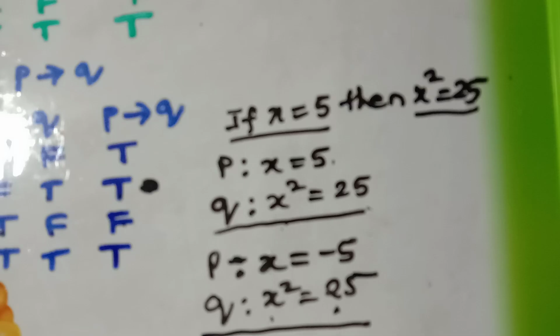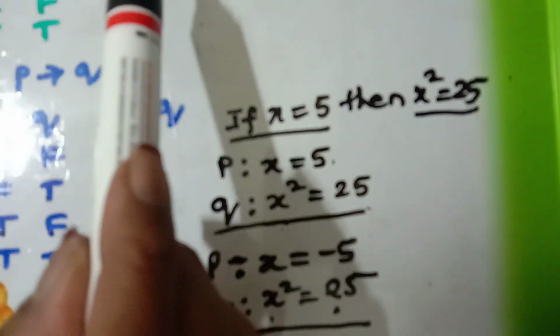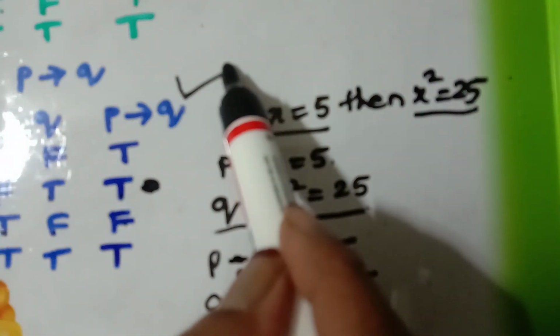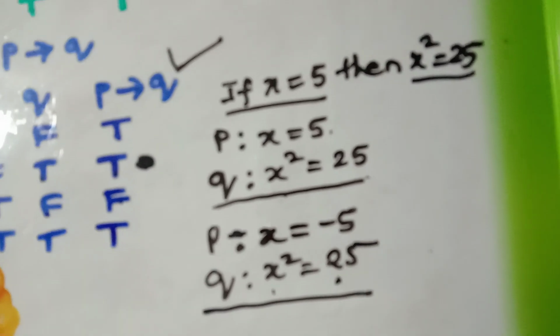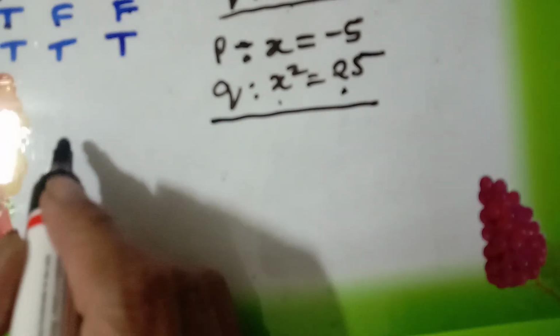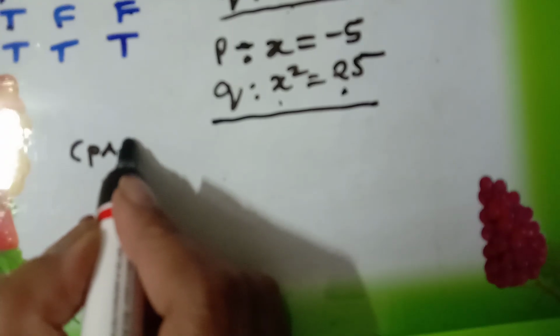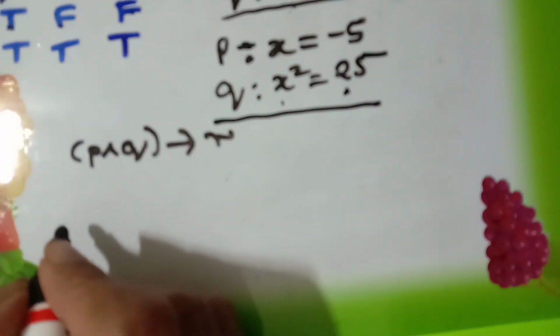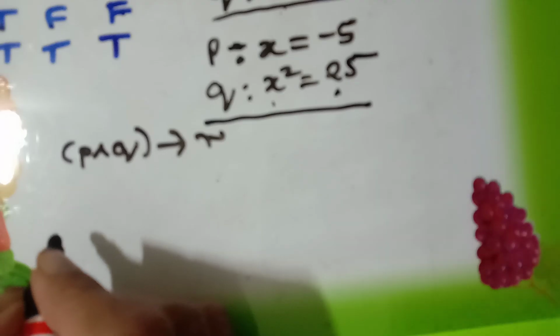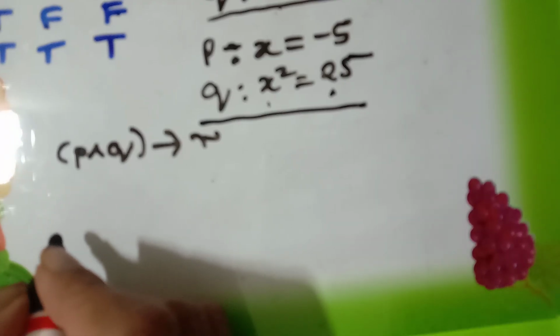So P and Q implies R. So I hope you got it, that we have seen the different combinations for P and Q, the truth table for P and Q, and then we have seen the truth table for P implies Q. Now we are going to combine these two and we are going to construct the truth table for P and Q implies R. So for that, we are going to again write down the P and Q tables, and then we are going to construct the truth table. So let us do that now.